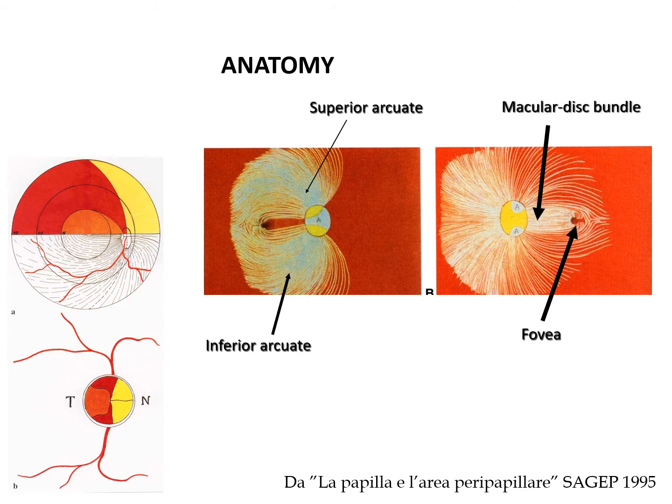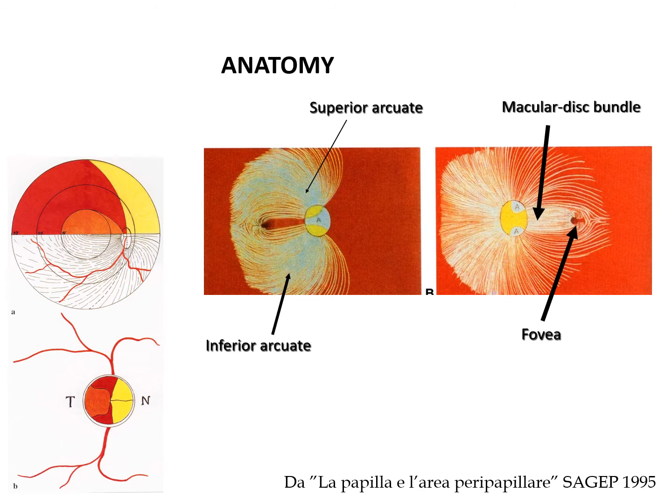And this is an image from the anatomy. Just to remember that from the fovea we have a bundle that goes directly to the temporal part of the optic disc, while from the inferior and superior parts of the retina, the fibers go to the superior and inferior parts of the optic disc, and from the nasal part of the retina, all the fibers go to the nasal part of the disc.